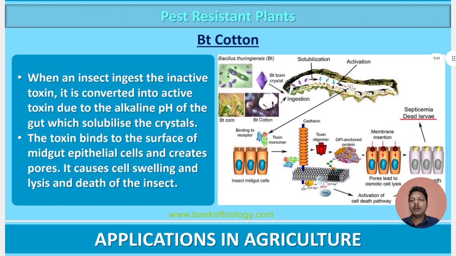Here see the diagram. When an insect ingests this inactive toxin, it is converted into active toxin due to the alkaline pH of the gut, which solubilizes the crystals. Here is the insect which ingests the Bt cotton, and these Bt toxin crystals go inside it and become solubilized because of the alkaline pH of the gut, and they become activated.